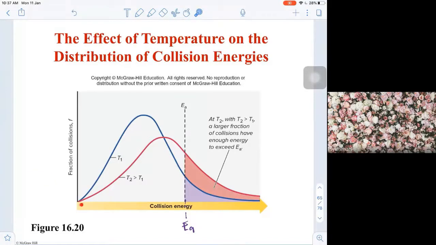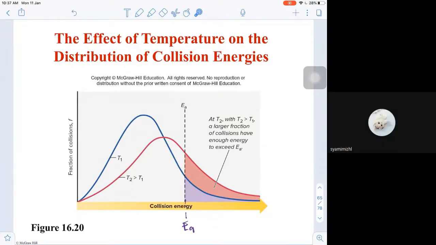So if we focus on the second temperature only, the right one, the activation energy value is the same at whatever temperature we have. So when the temperature is increased, these are the fraction that achieve EA.